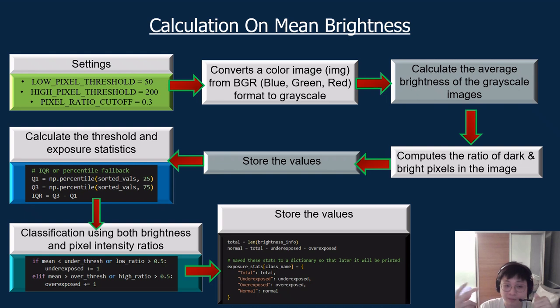As you can see from the code snippet here, an image is flagged when the mean is below the under threshold and the low ratio is more than 0.5.